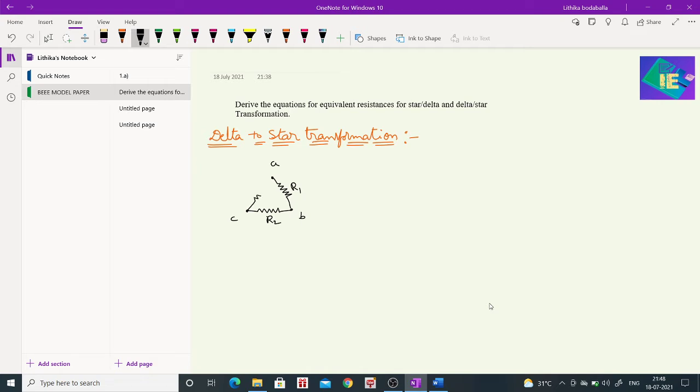Let the resistance between A and C be R3. So, this R1, R2 and R3 are connected in delta.